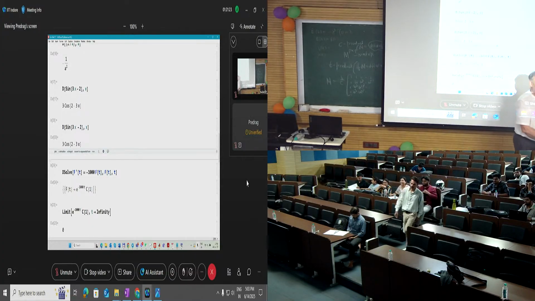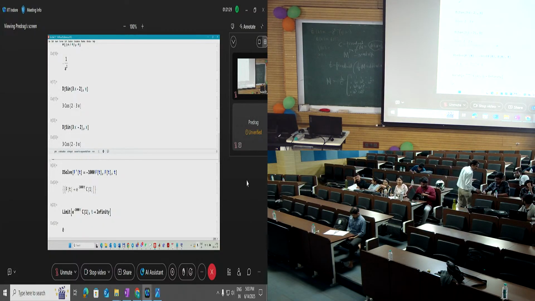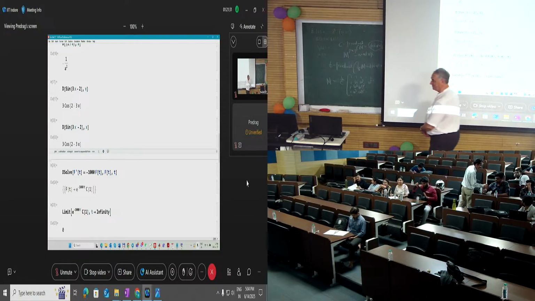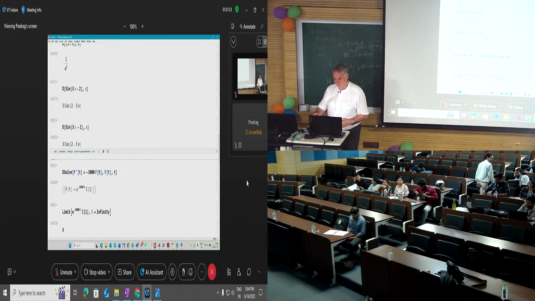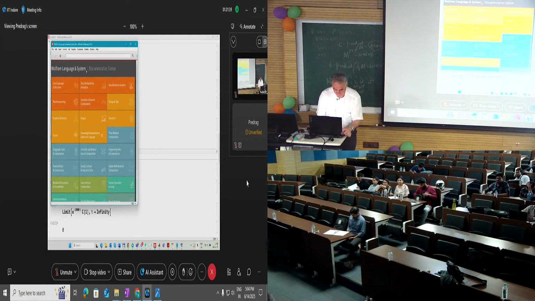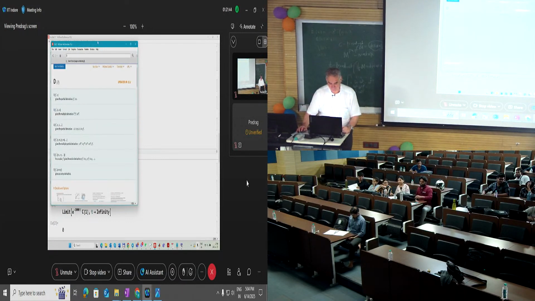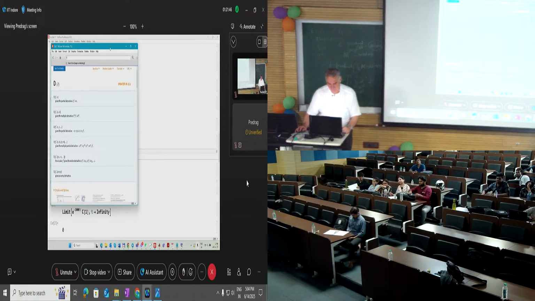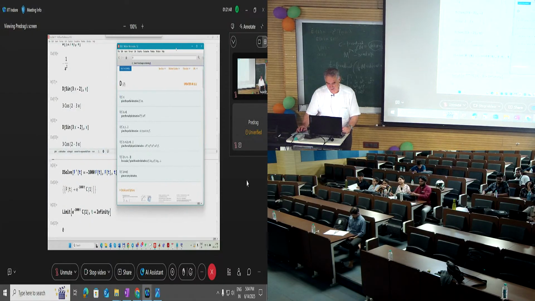Help for D. Here cos of minus x is an even function. D f x gives the partial derivative with respect to x.